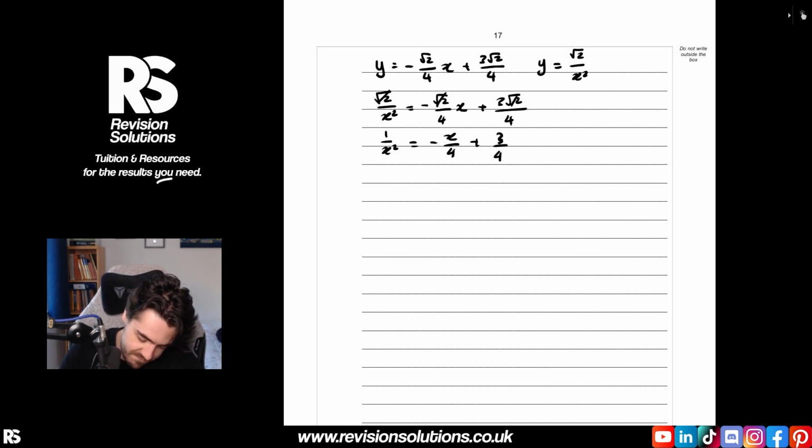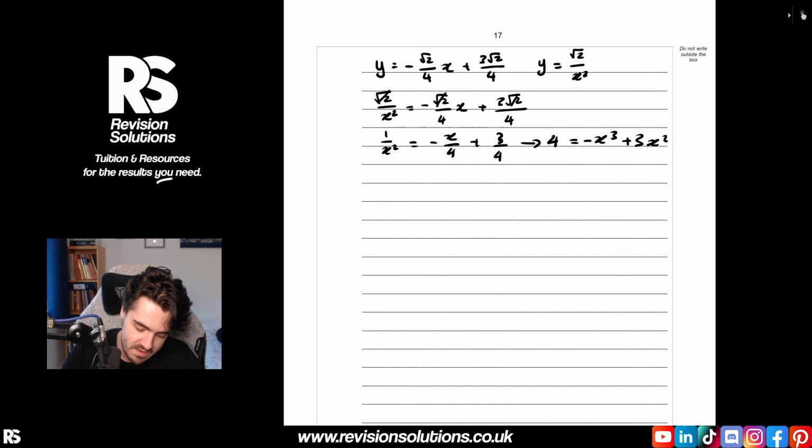Multiplying by 4x squared on the left would just leave us with a 4. On the right, the 4 would cancel, multiplying by x squared leaves minus x cubed. And multiplying the last term by 4x squared, the 4 would cancel, and we would be left with 3x squared. So we've got a cubic left to solve.